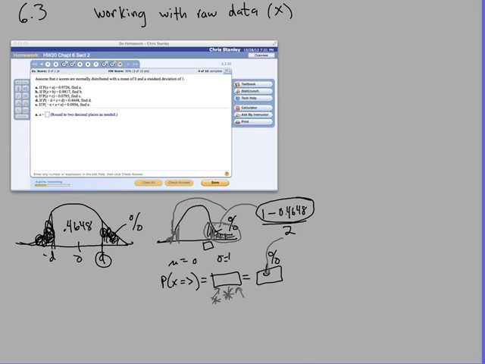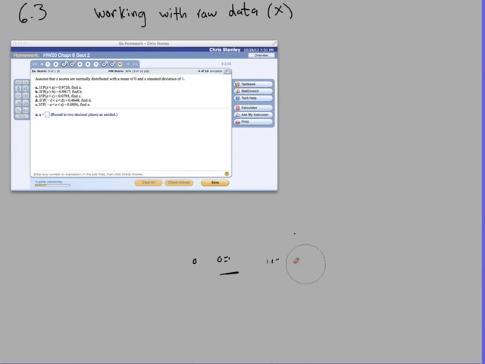Okay, so let's get rid of this real quick. Now working with the raw data is basically the same thing as working with the Z's.